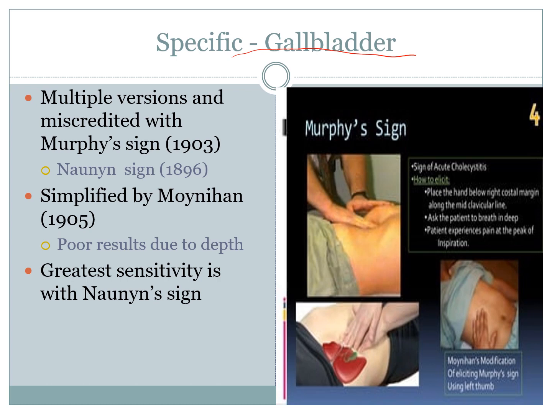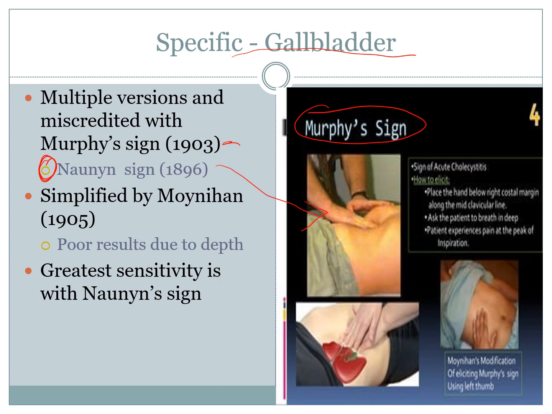Now, Murphy is the one that's got all the credit for this particular test, but Murphy's original sign was actually a little bit barbaric, and it was actually done after Nyan sign. So Nyan sign first came out in 1896, and that's more your classic Murphy's sign, which is denoted by the picture.